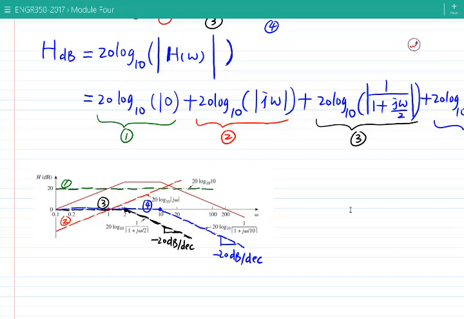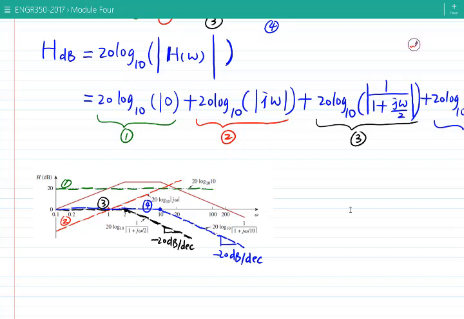So in the beginning, we have factor number 1 and factor number 2, and the dB values will be summed up. That means it is equivalent, because factor number 3 and factor number 4 in the beginning have 0 dB, so effectively factor number 2 will be shifted up by 20 dB.